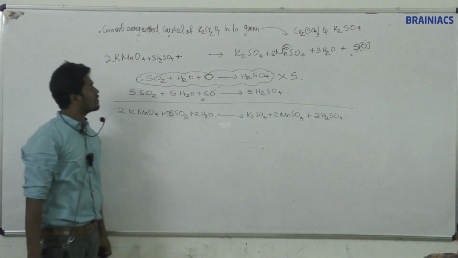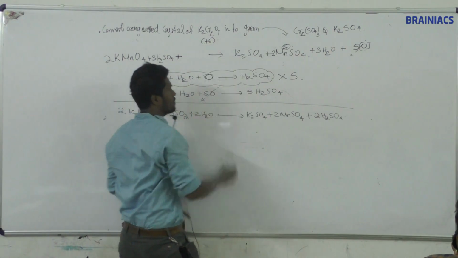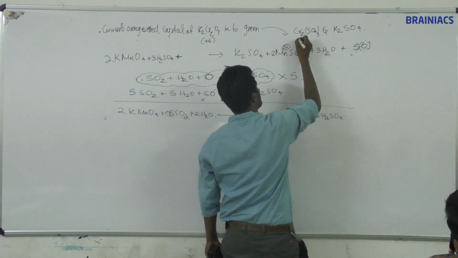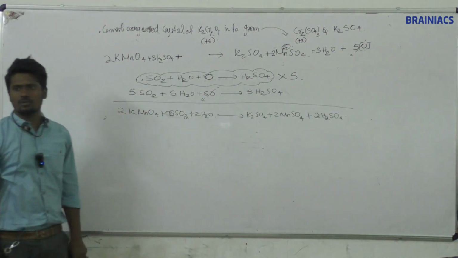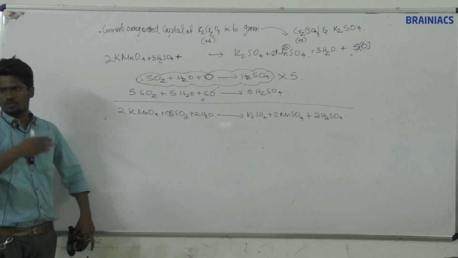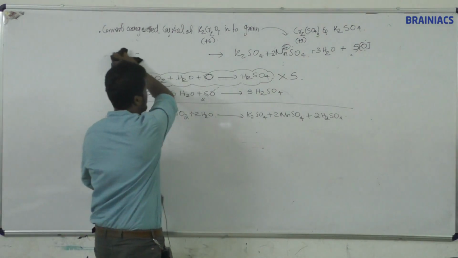Here also K2Cr2O7. What is the oxidation state? It is +6. What is the oxidation state here? It is +3. It undergoes reduction in the presence of moist SO2. So SO2 acts as a reducing agent. Balance the equation.